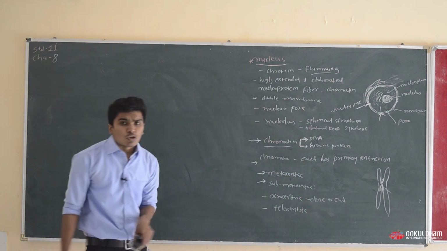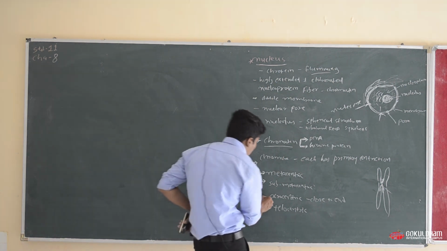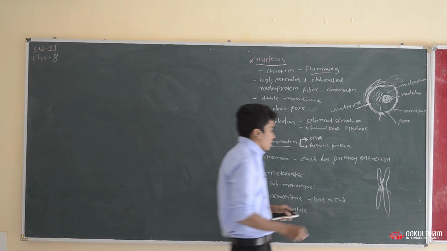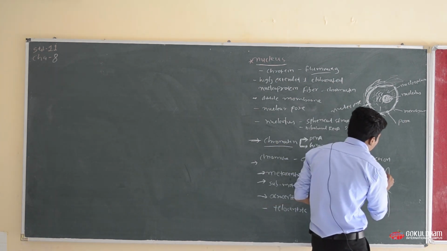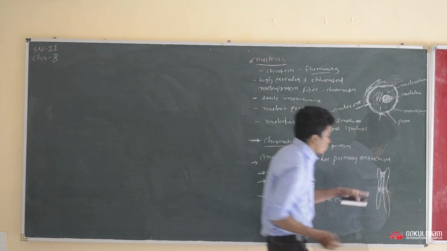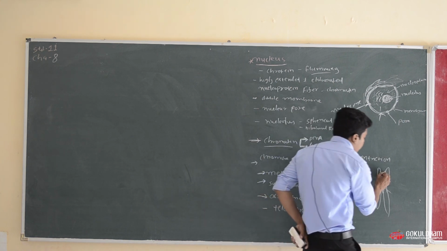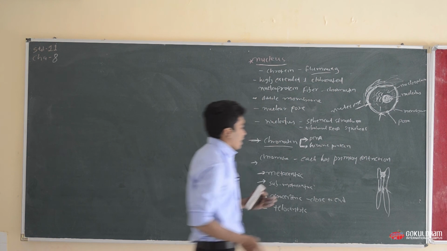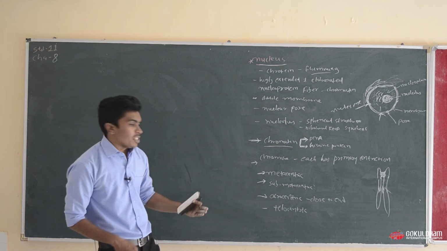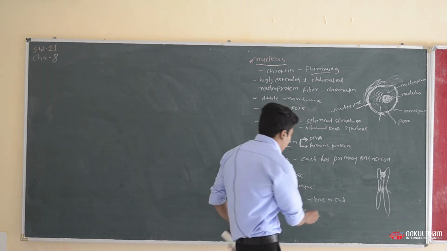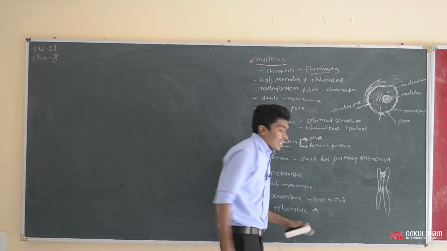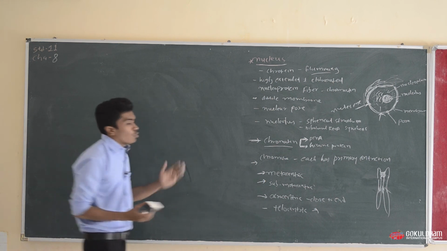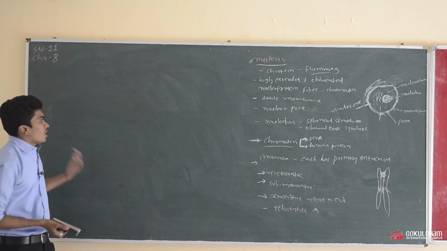Then the acrocentric chromosome. In an acrocentric chromosome, the centromere is present closer to the end. You can see here that the centromere is near the end of the chromosome. And the last one is the telocentric. In a telocentric chromosome, the centromere is present at the end. Okay, so this is about the nucleus.